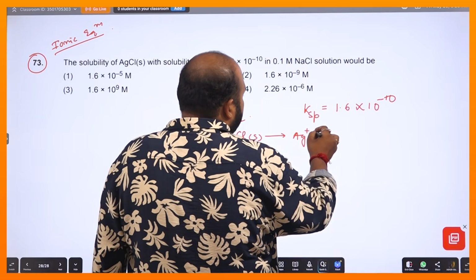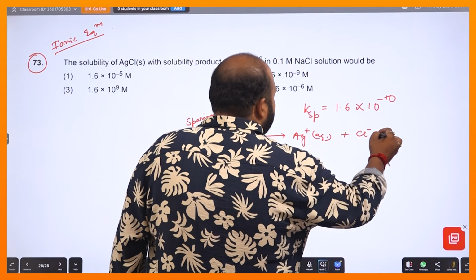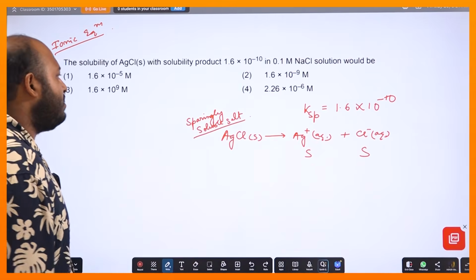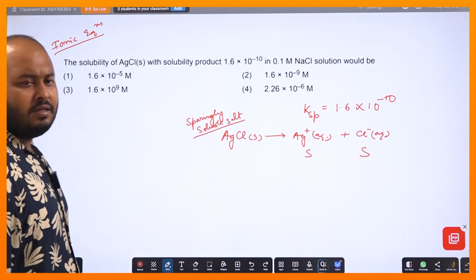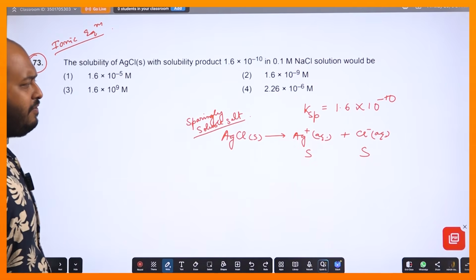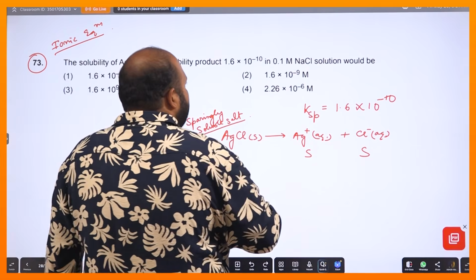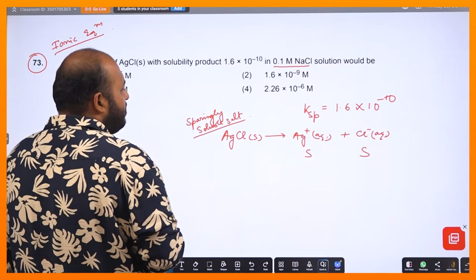And so let us consider the solubility of AgCl in normal cases as S. Ag plus will be S, and for Cl minus it will be also S. But we have dissolved it in 0.1 molar of the NaCl solution.